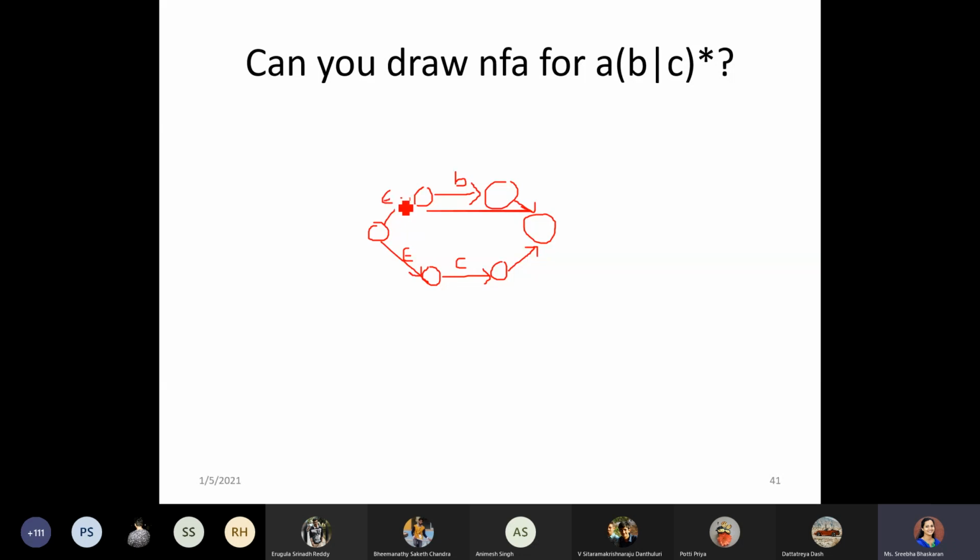Coming to the next higher priority, which is for the star closure. How can we have the star closure? We should have another two states which come into the picture. This will be considered the initial state. If you don't have zero occurrences, then this will be an epsilon transition.